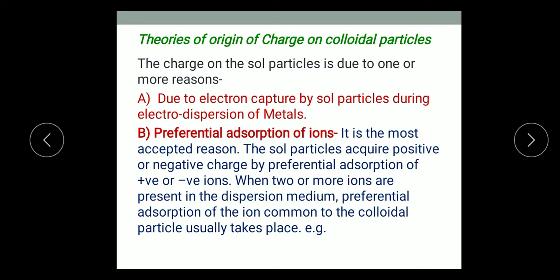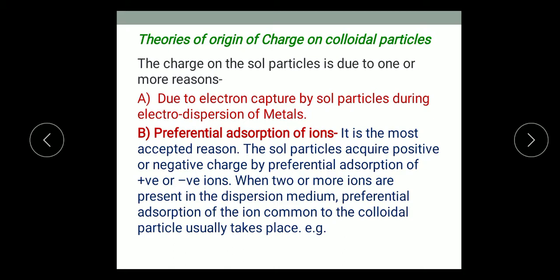Then we come to theories of origin of charge on colloidal particles. So how is the charge developed or generated? There are many theories, and it may be only one theory or more than one because of which charge arises. The first theory is electron capture by sol particles during electrodispersion of metals.